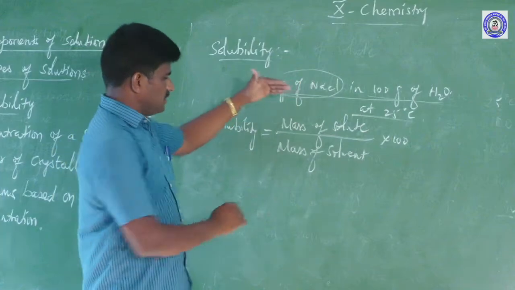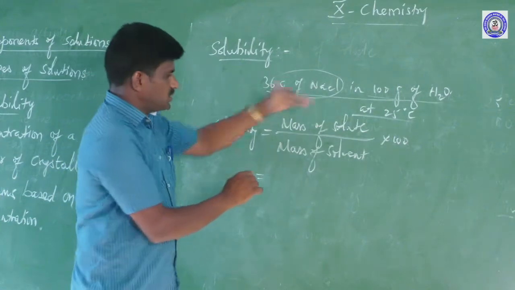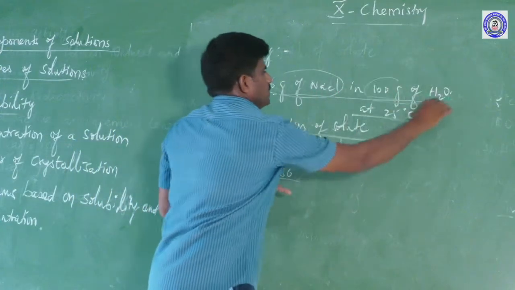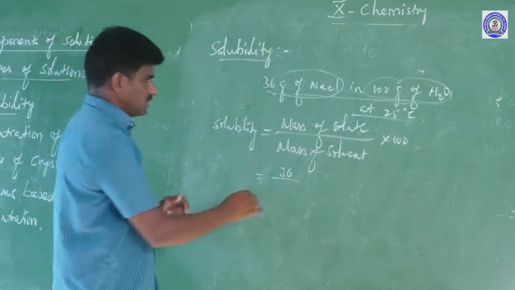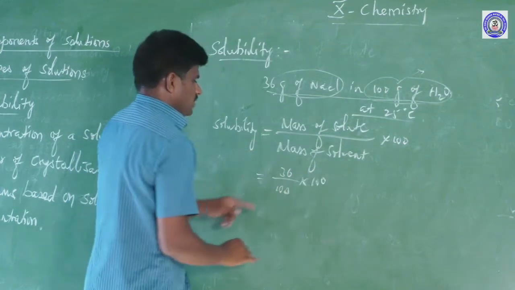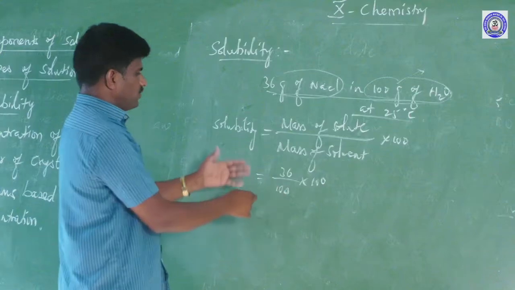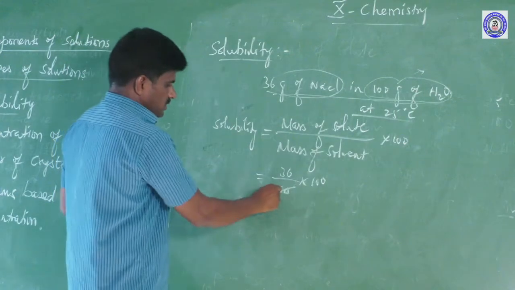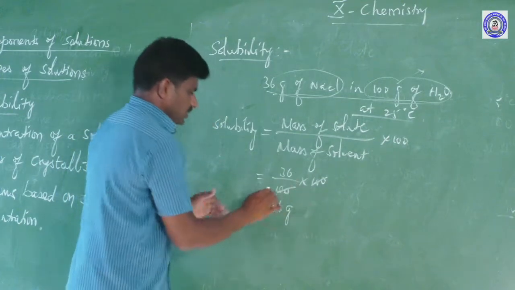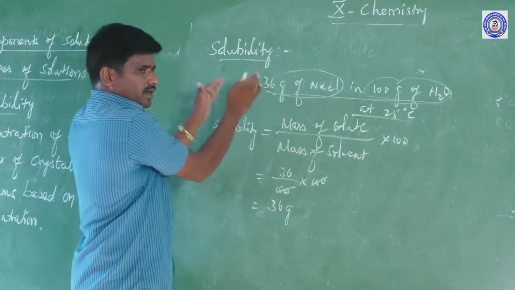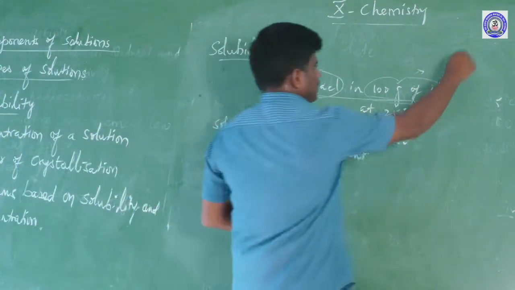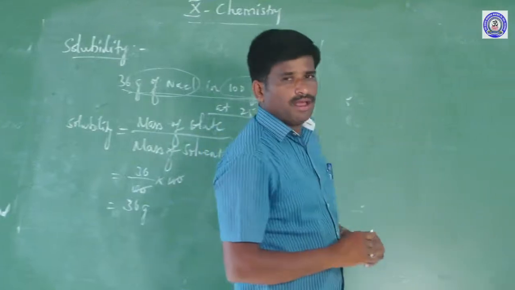For example, we take 36 gram of solute as the mass of solute. The mass of solvent is the water amount, here 100 gram, multiplied by 100. So we can easily find the solubility of sodium chloride. The 100 and 100 cancel, and now we get 36 gram. This is the solubility of sodium chloride in a definite amount. This is regarding the solubility, definitions and examples.